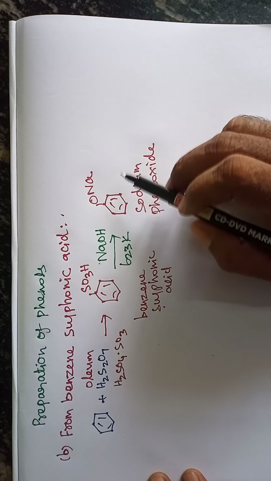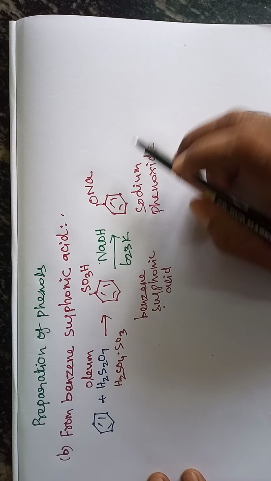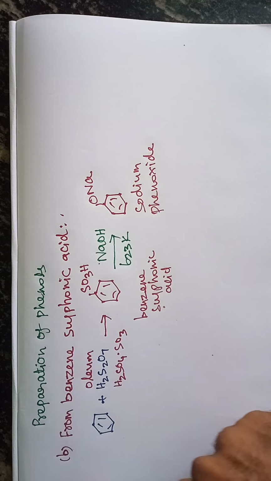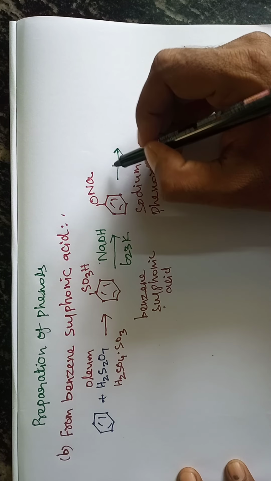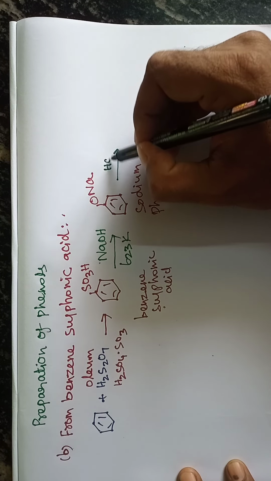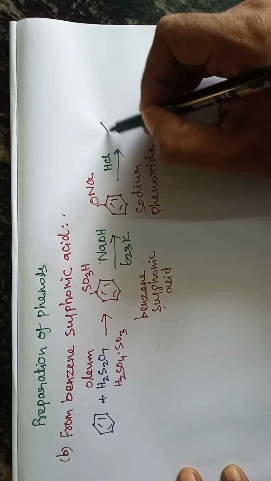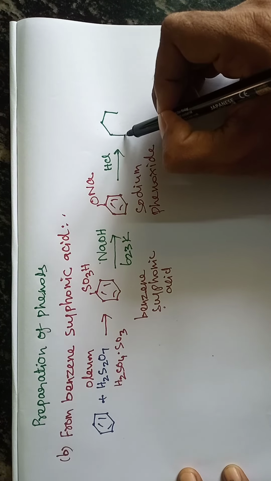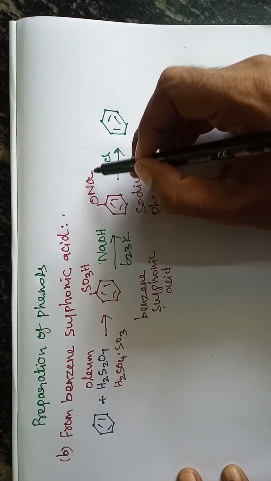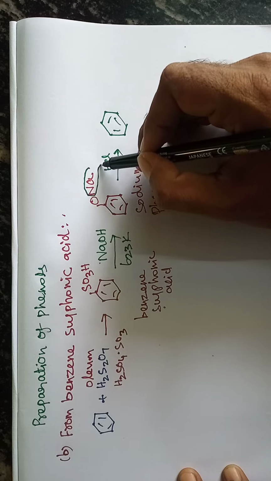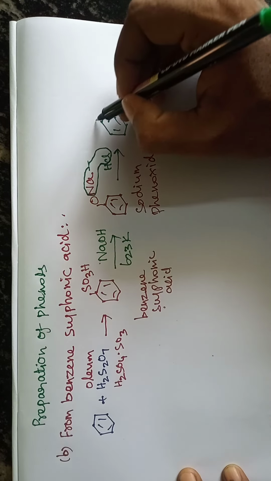This sodium phenoxide, on acidification with dilute acids like hydrochloric acid and sulfuric acid, gives phenol. If we use dilute hydrochloric acid, it gives phenol and sodium chloride; here the sodium and chlorine go as a byproduct.